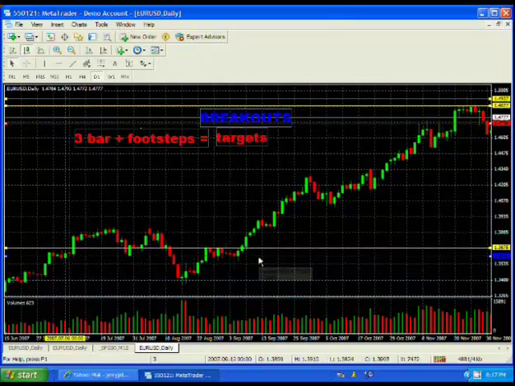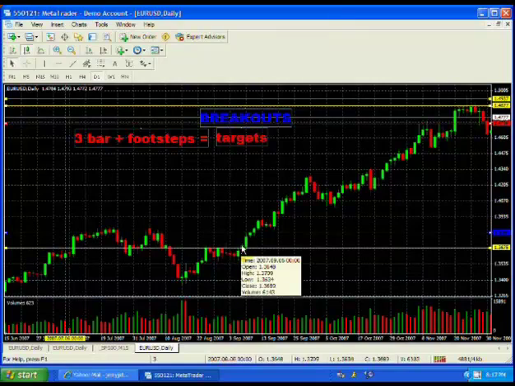And in this case, we would target around the closing height of this green bar. And the reason why we wouldn't place it at the open or the low of the real body here is because this is so close to our breakout level. Our breakout level is here, and price doesn't have far to go to hit this level.